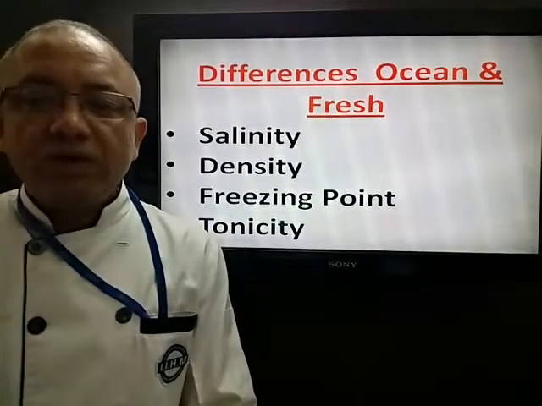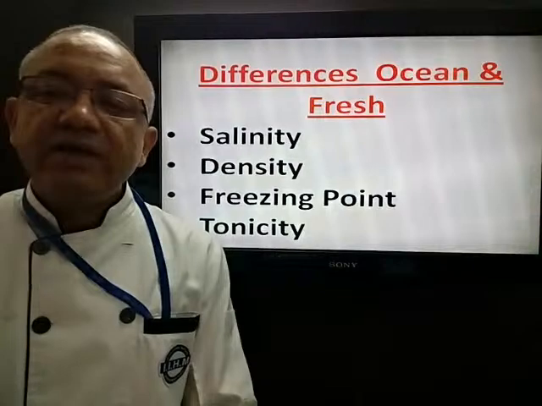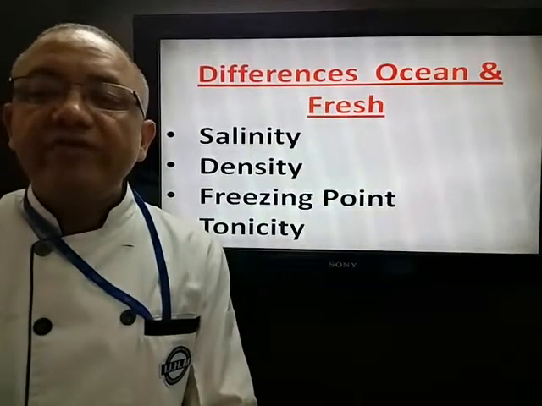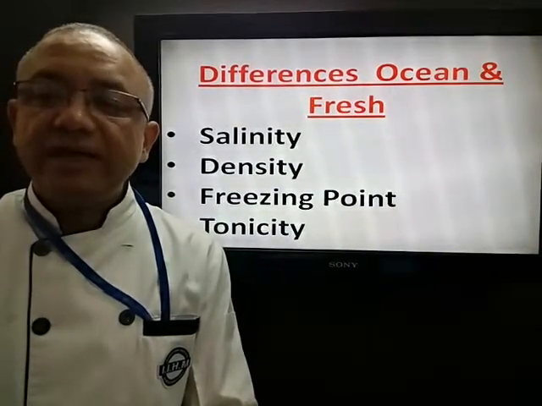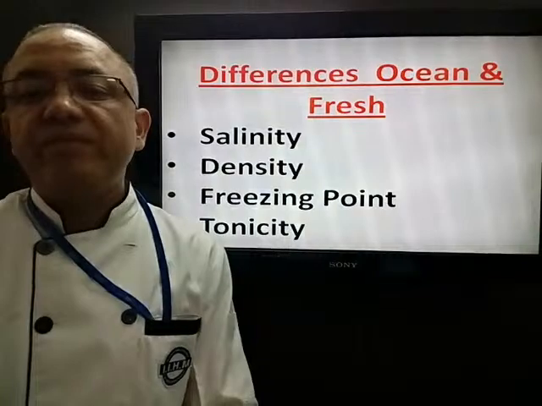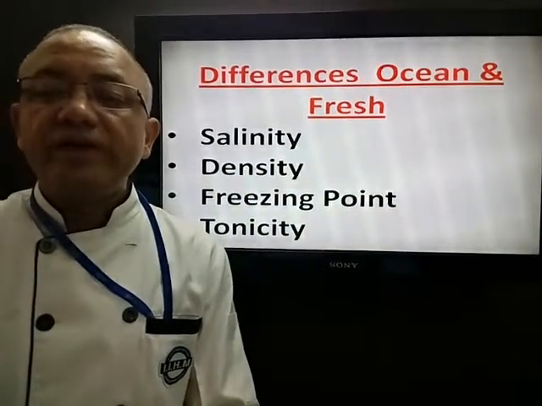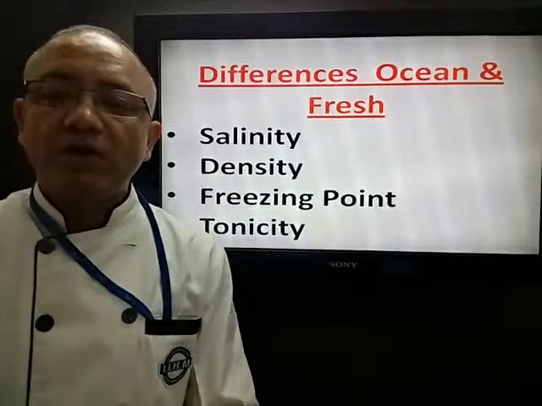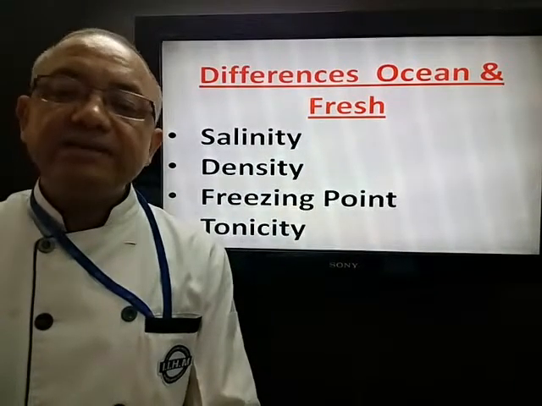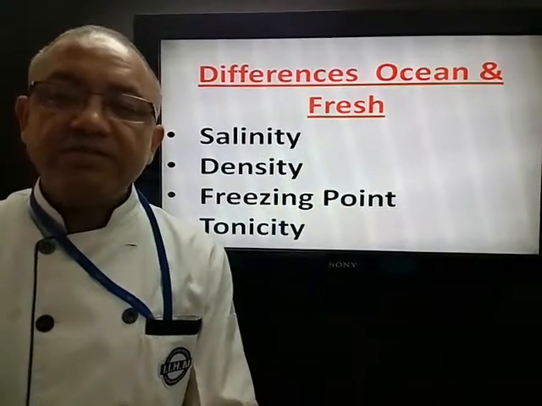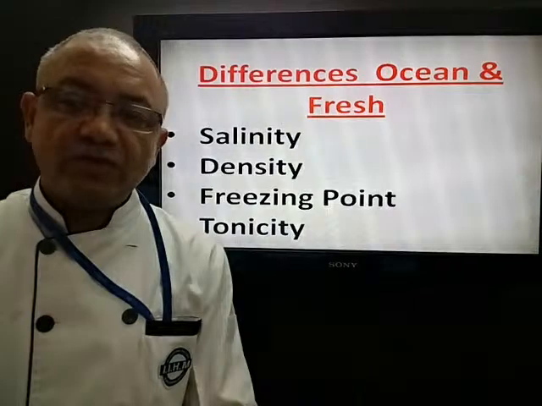The ocean water has a salinity which is on average 3.5%. What is the meaning of 3.5%? It means 35 grams of salt is dissolved in every liter of the seawater. And the salinity lends itself to the other differences between the ocean and the freshwater.